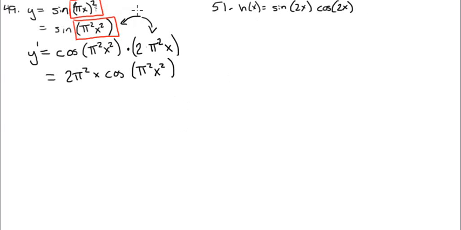Number 51, we can use the product rule to figure these out, but we don't know what the derivative of sine of 2x is. We know what the derivative of sine is. We know what the derivative of cosine is. So let's draw some red boxes.